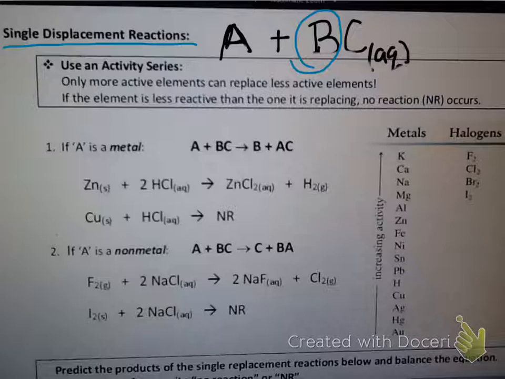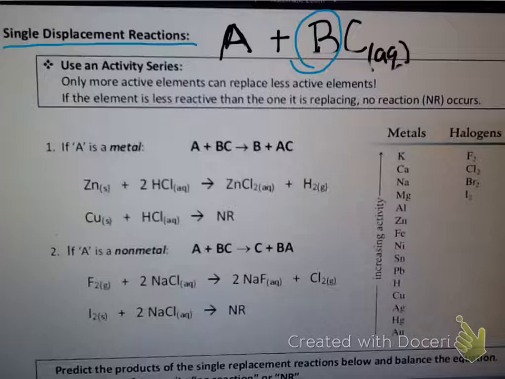Well, in order for the metal to undergo the reaction with the ionic compound, the metal has to be more active than the cation. Now, what does active mean? We'll talk more about activity when we talk about redox later on, but basically, for a metal, active means more able to lose its electrons, or more able to become a cation.